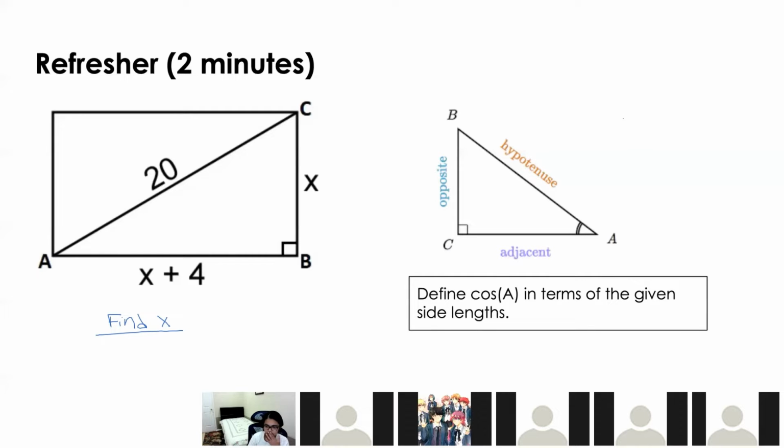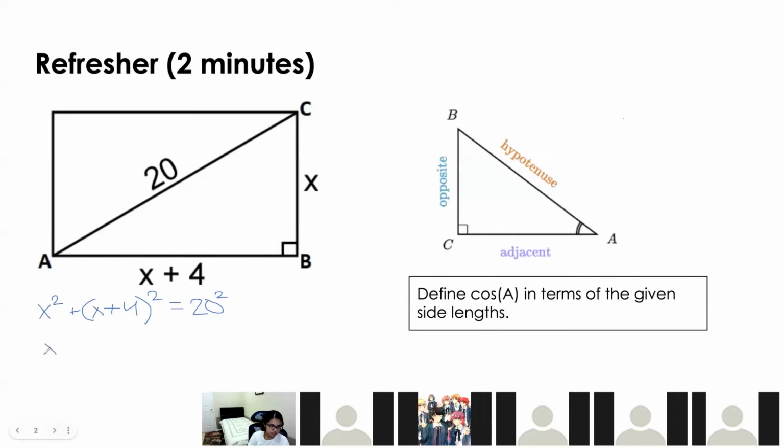Okay, well, we're getting some answers, so let's just try out the problem. So we know the Pythagorean theorem, right? It says x squared plus (x plus 4) squared is equal to 20 squared.